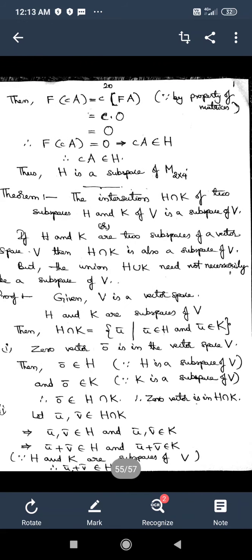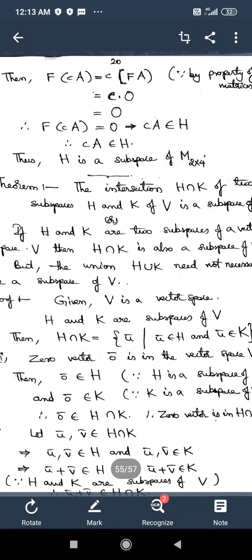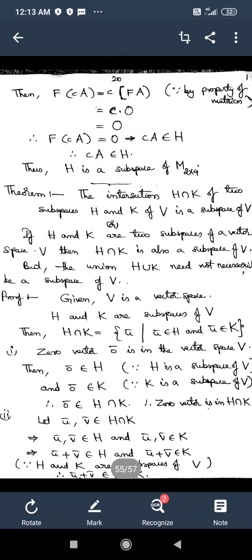Further, the union H union K need not necessarily be a subspace of V. The intersection is always a subspace of the given vector space, but it need not be necessary that their union is a subspace of V.